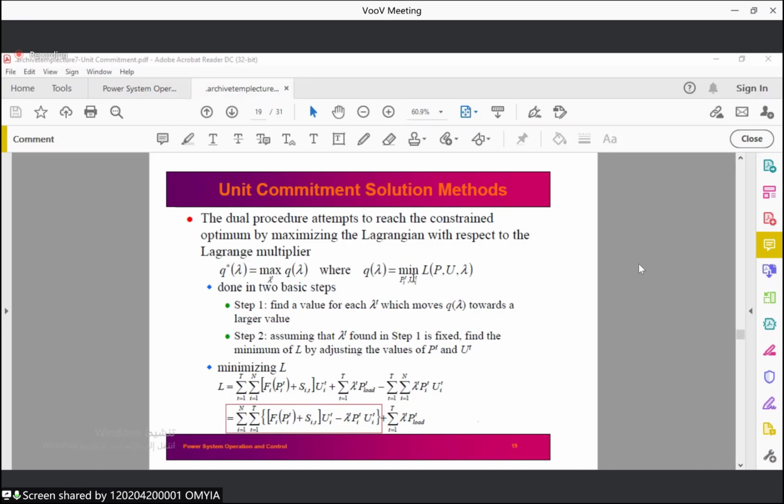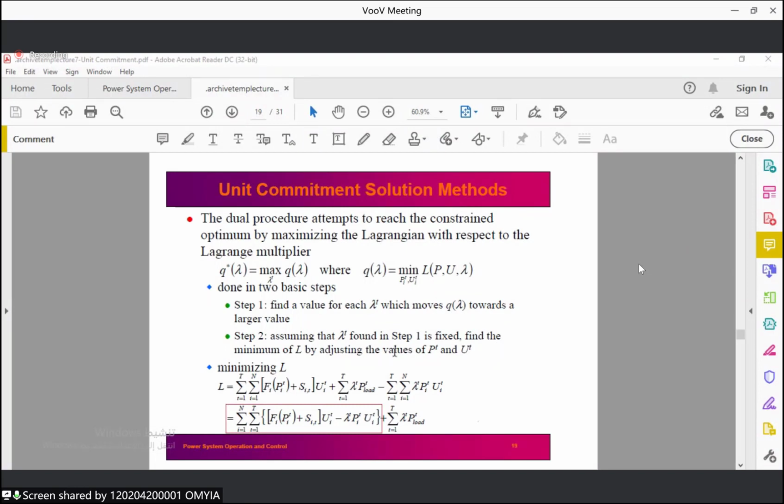Step one, we need to find the value of lambda that makes q(lambda) move toward a large value. In step two, we will assume that the value of lambda that we found in step one is fixed. Then we will find the minimum Lagrangian by adjusting the values of P and U.